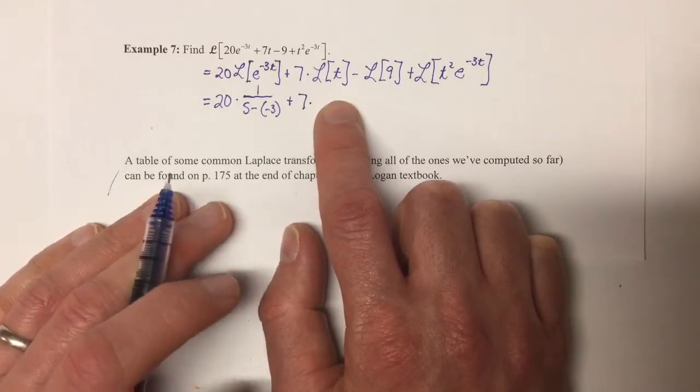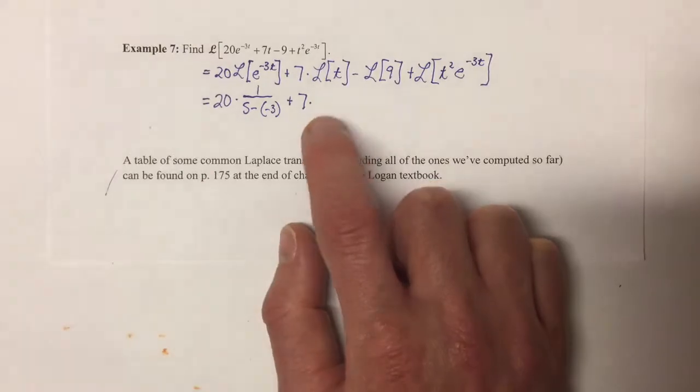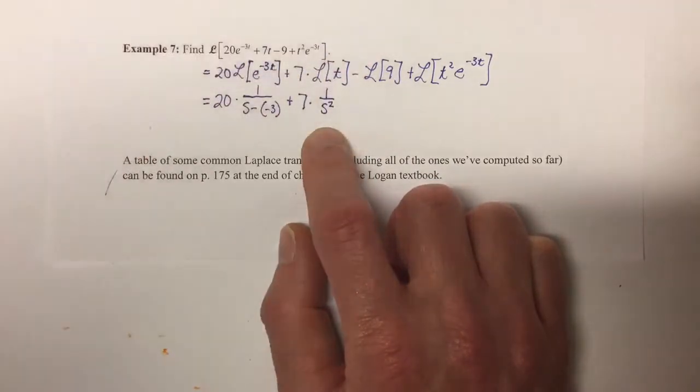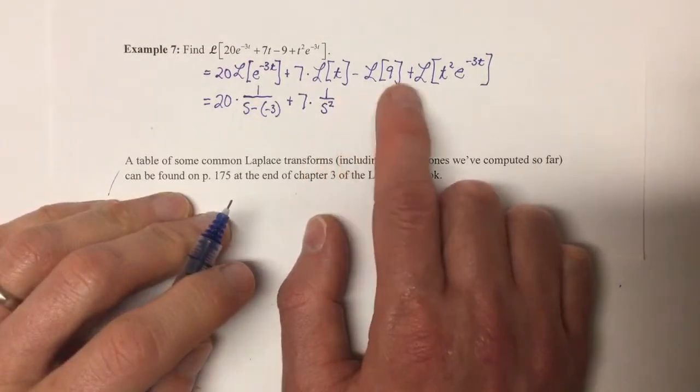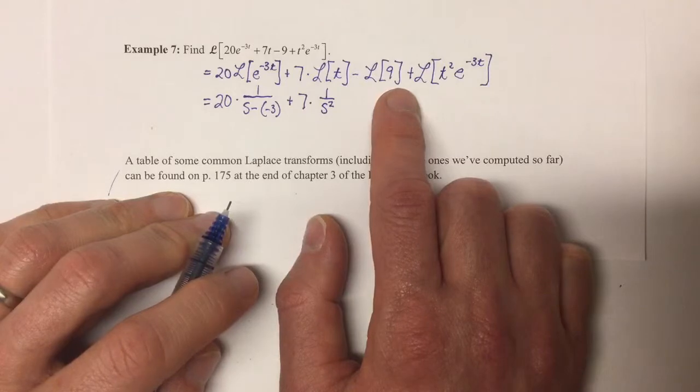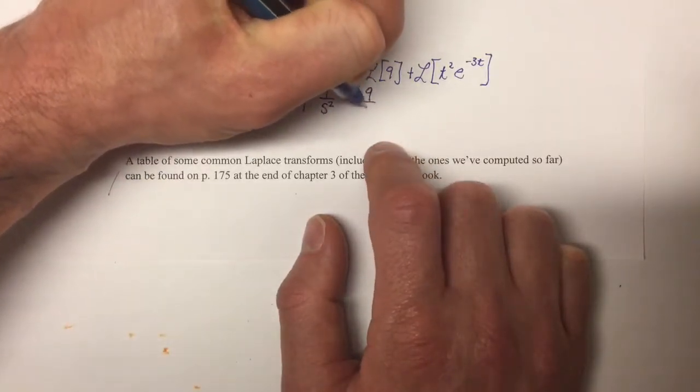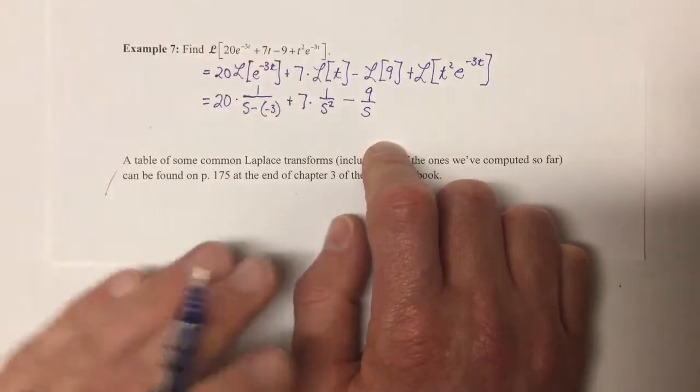And from example 2, we saw that the Laplace transform of t was 1 over s squared. And then also from example 2, we saw that the Laplace transform of a constant was equal to that constant over s. So now this is a minus 9 over s.